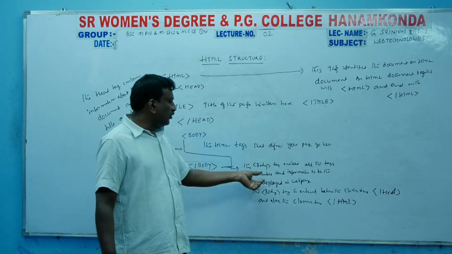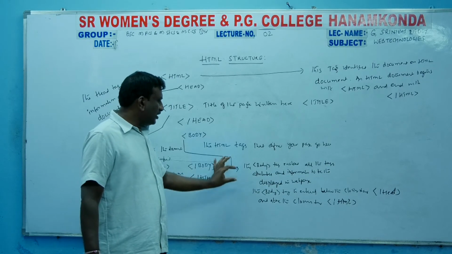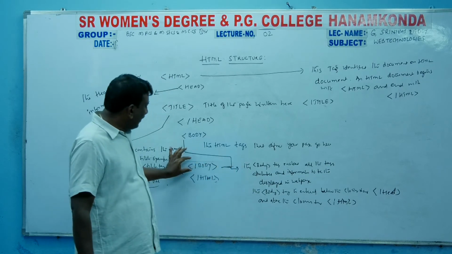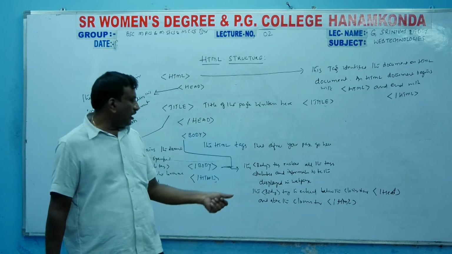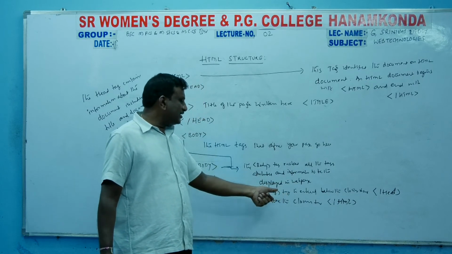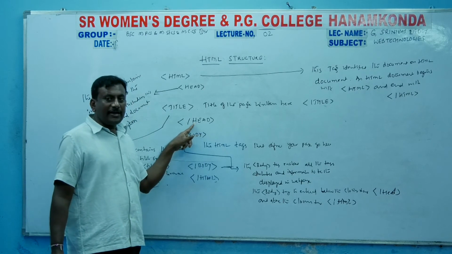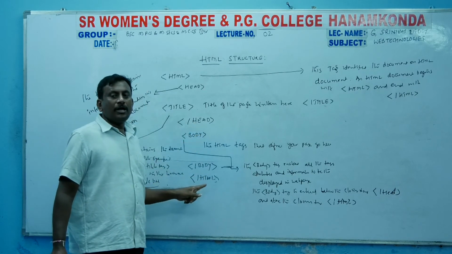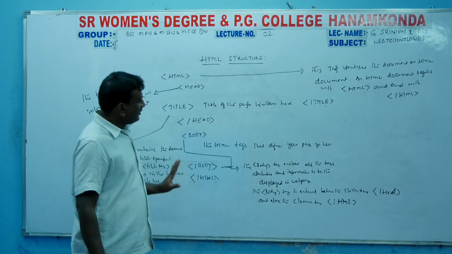The body tag encloses all the tags, attributes, and information to be displayed on the web page. The body tag is entered below the closing tag of head and above the closing tag of HTML. This is the structure.